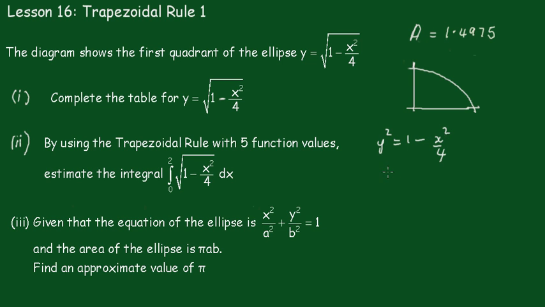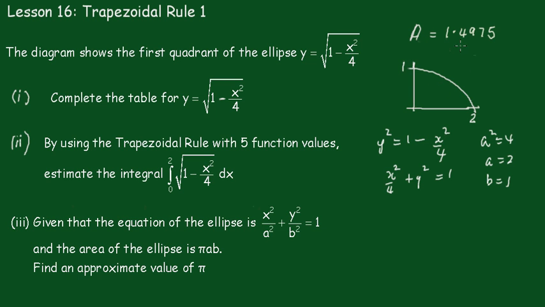So this becomes x squared on 4 plus y squared equals 1, the same form as the other one. So a squared is equal to 4, making a equal to 2. b squared equals 1, so b must be equal to 1.